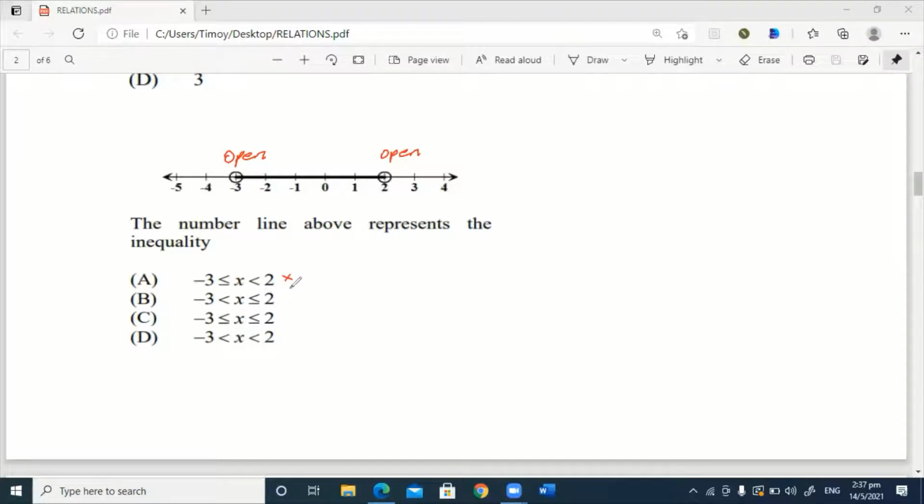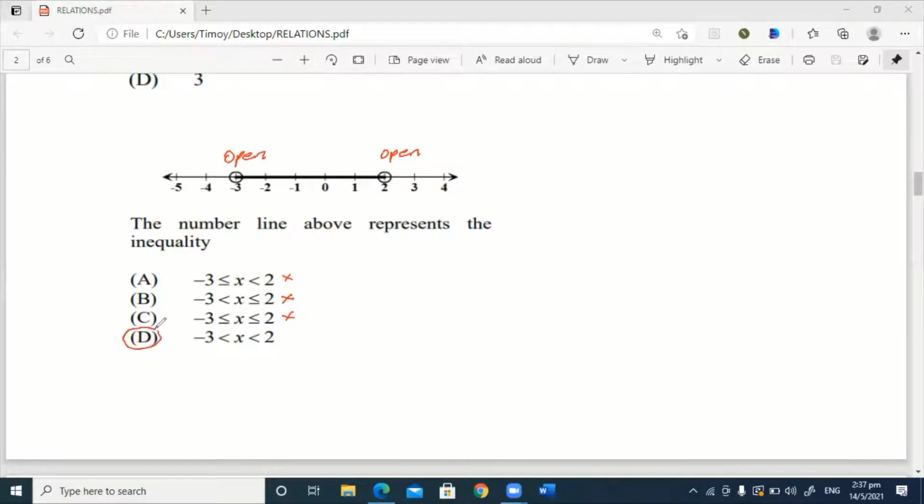An open circle means that those values are not a part of our solution. So we know that B is not going to be the answer either. And C is the same thing. It has a line underneath the inequality sign. So therefore, C is not going to be the answer. So the answer here is going to be D.